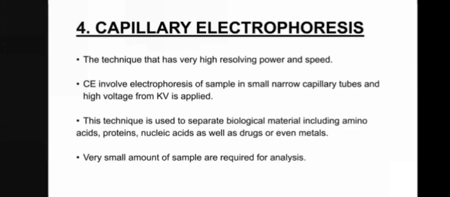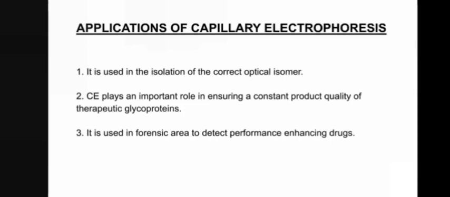Capillary electrophoresis. This technique has very high resolving power and speed. Capillary electrophoresis involves electrophoresis of a sample in a small narrow capillary tube, and high voltage in the kilovolt range is applied. This technique is used to separate biological material including amino acids, proteins, nucleic acids, as well as drugs or even metals. A very small amount of sample is required for analysis.